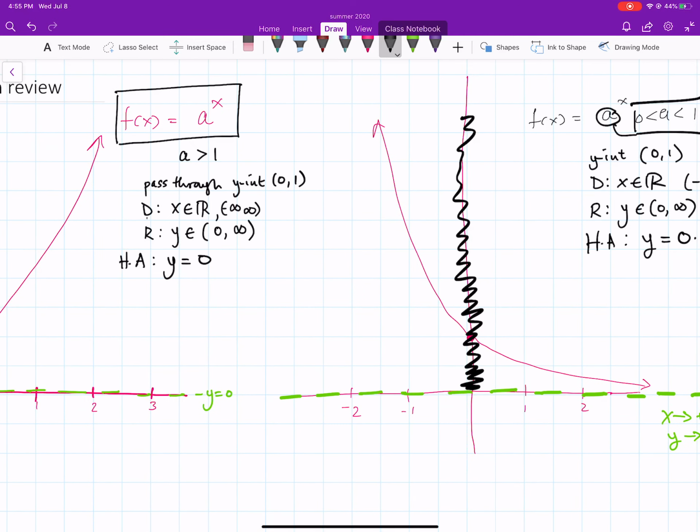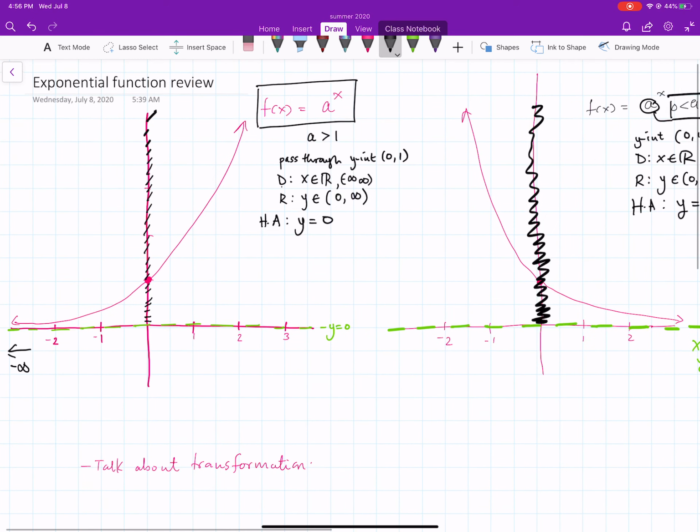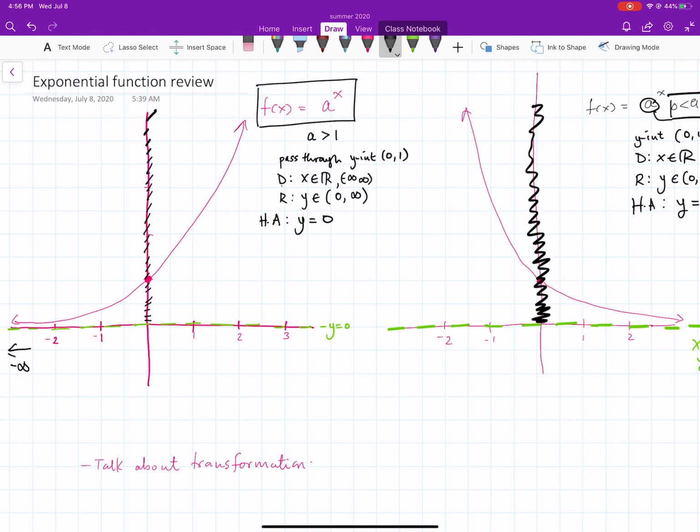We have an increasing one where a is greater than 1, and we have a decreasing function, which is when a is between 0 and 1. So you can easily see how transformation plays a role with exponential functions, because I can move the curve up and down, left and right, stretch and shrink.